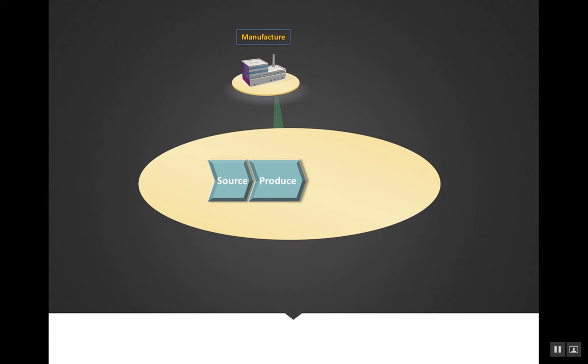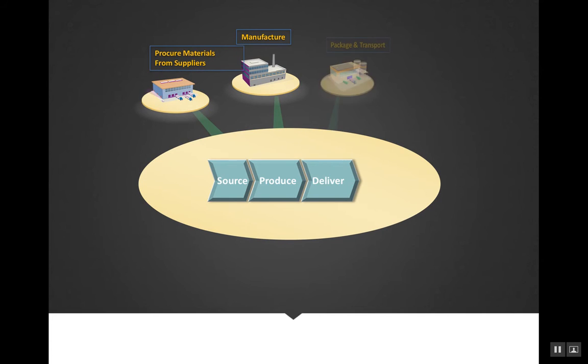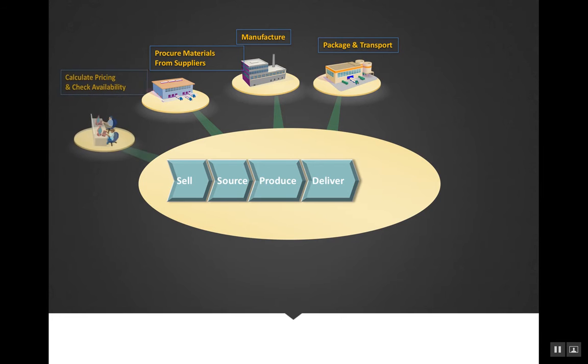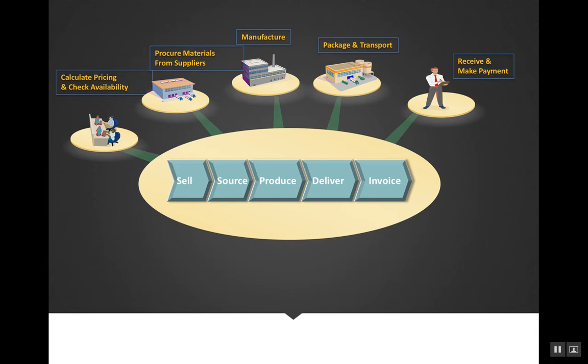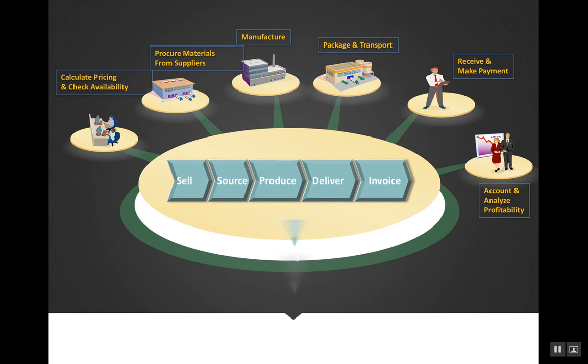So as we look at a model here, we talk about what we would call our order to cash model. All right, as we would say here, start with sales, sourcing, production, delivery, invoice. These actually break down into pieces that are performed by different parts of the organization. So when we talk about this idea of an end-to-end process, it's really the coordination of different groups in the organization.